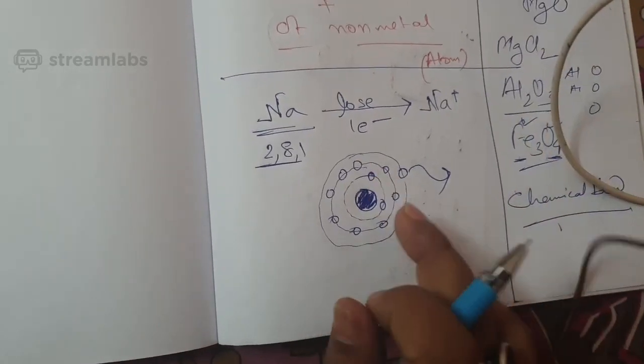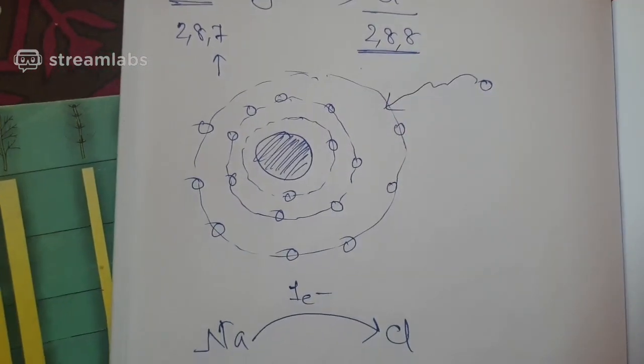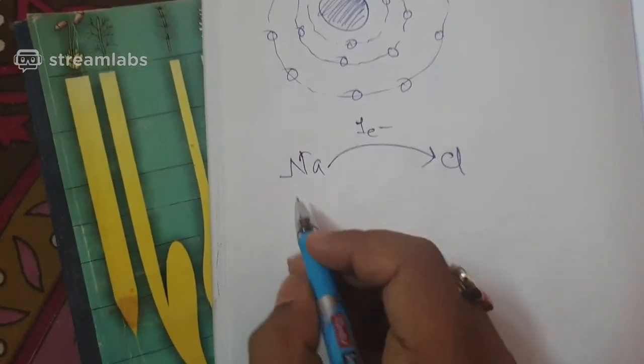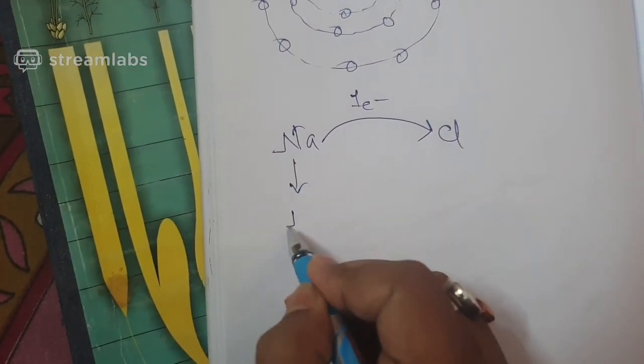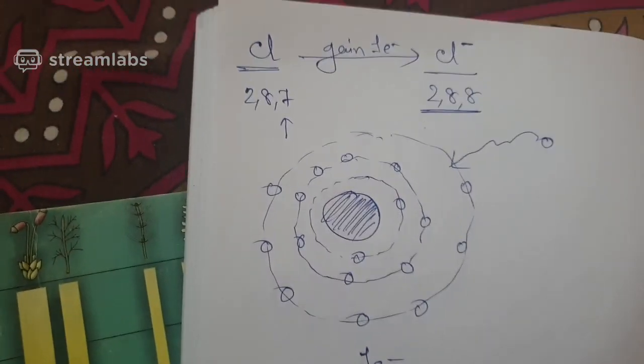Definitely that occurs. The electron given by the sodium is taken up by the chlorine. When sodium gives the electron, it definitely becomes Na+, and when chlorine takes the electron, it definitely becomes Cl-.